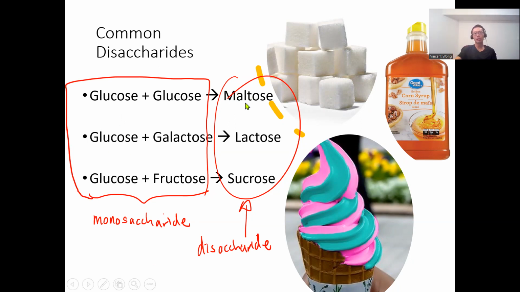And you'll find maltose in corn syrup, sugar, candy, a lot of stuff actually. So take a look at the ingredients sometimes, and you will find things you previously might not have known, but now you know it's two glucose together. You should know all the monosaccharides and the disaccharides.